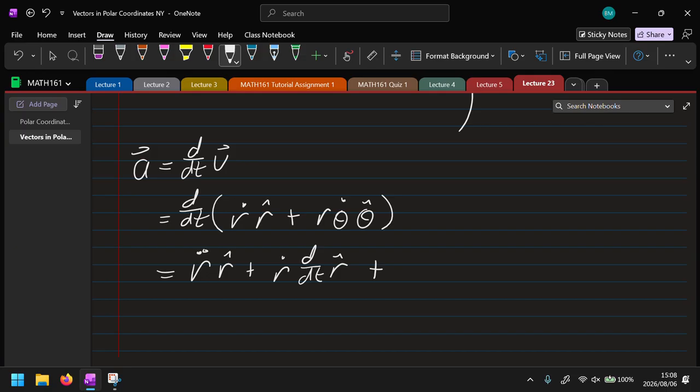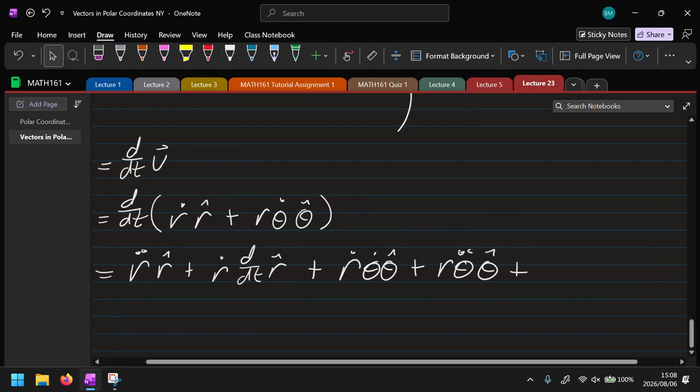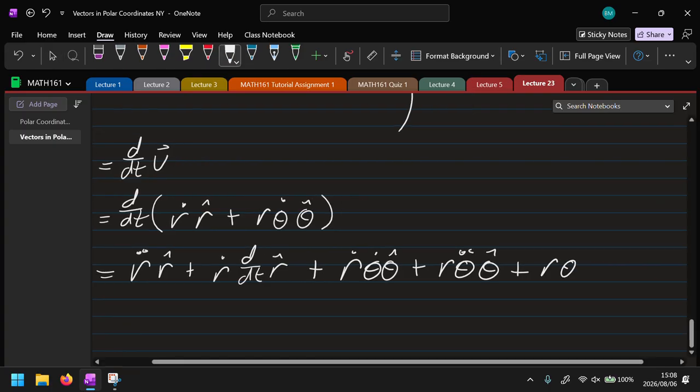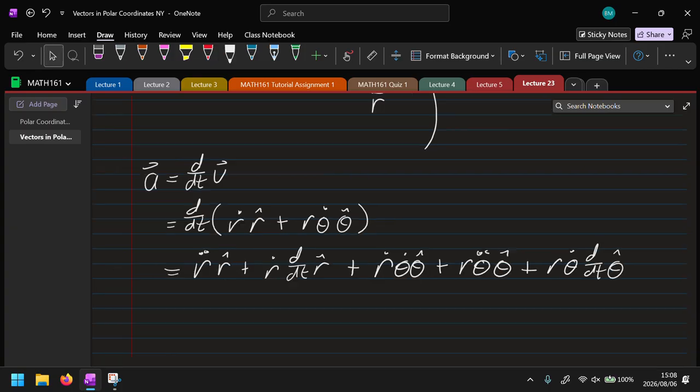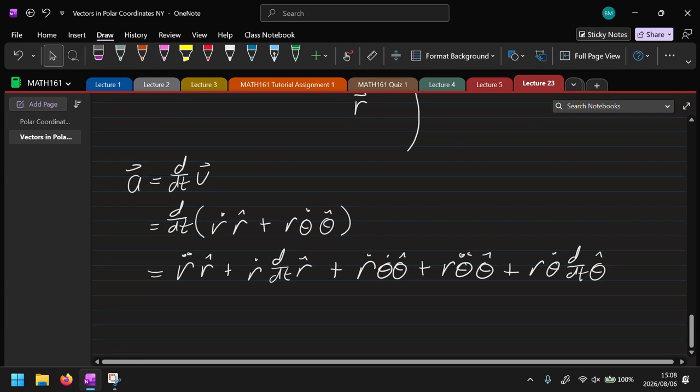So let's do the derivative of the first term. Leave the others alone. Then the first one we leave alone. Derivative of the second. Now the first two we leave alone, and we do the derivative of the third. Yeah.